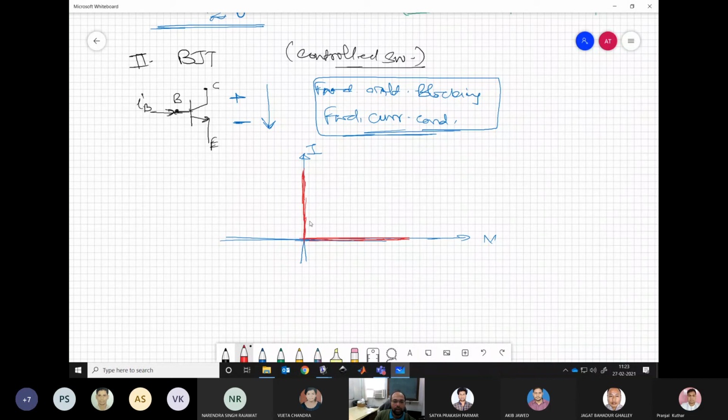So it operates on the y-axis when it is in on state and operates on the x-axis when it is in the off state. Now this is the ideal characteristic. If we try to see how the actual characteristic looks, again you see closely that there will be some drop and then it will have a sharper rise.